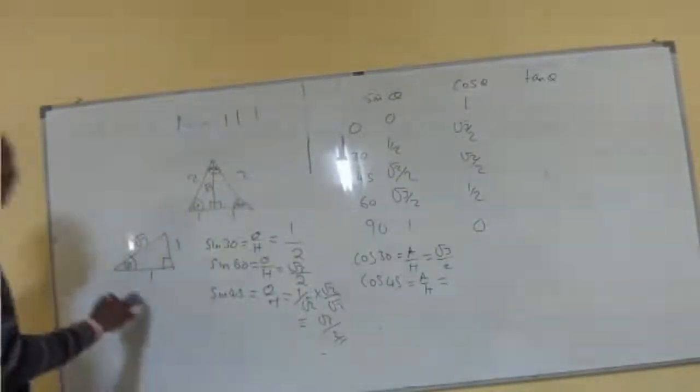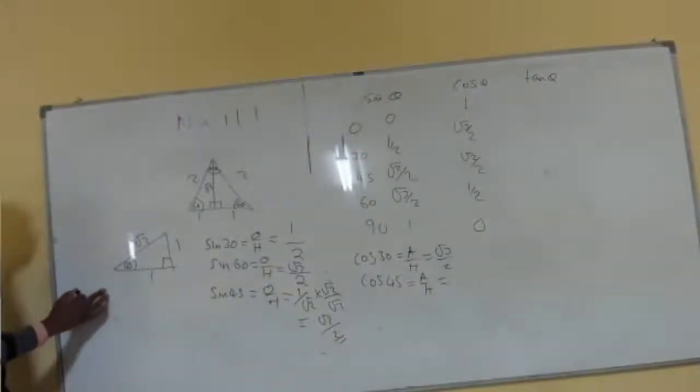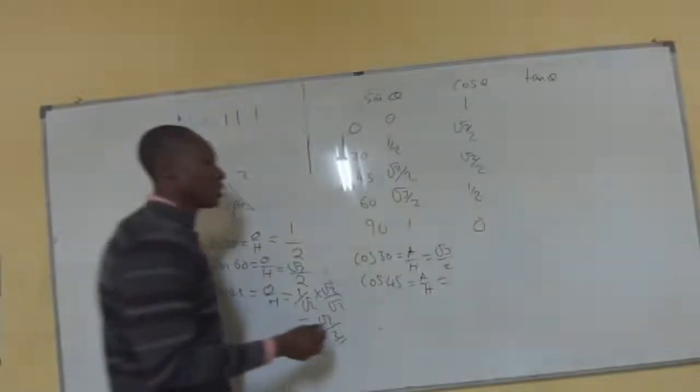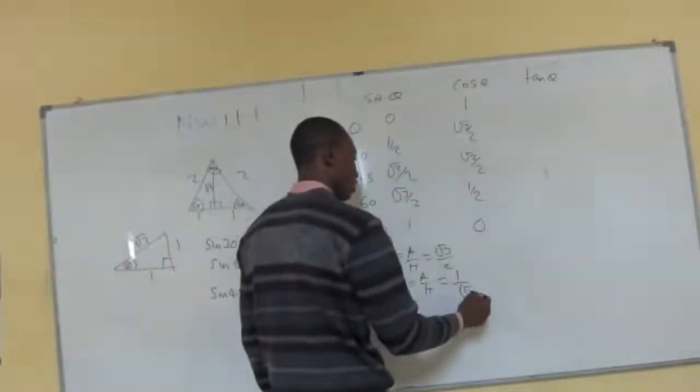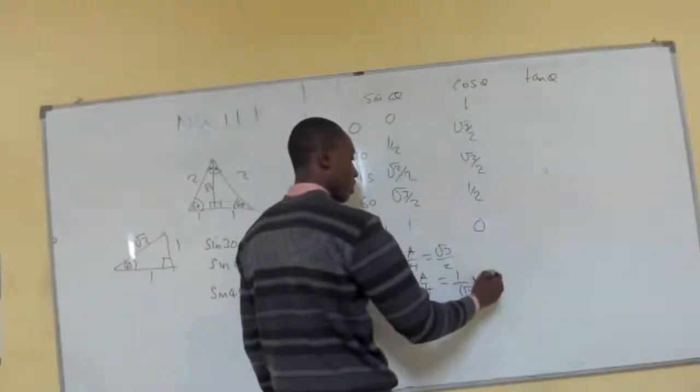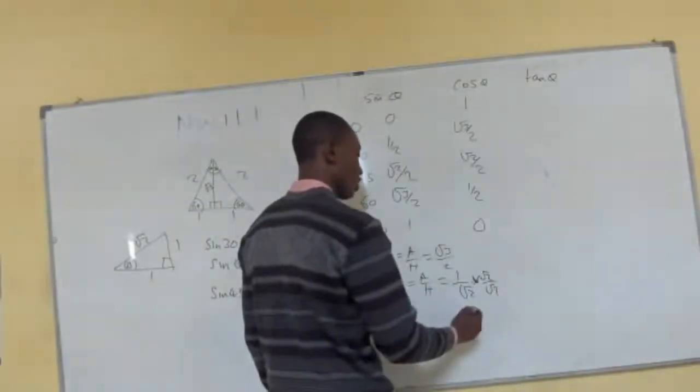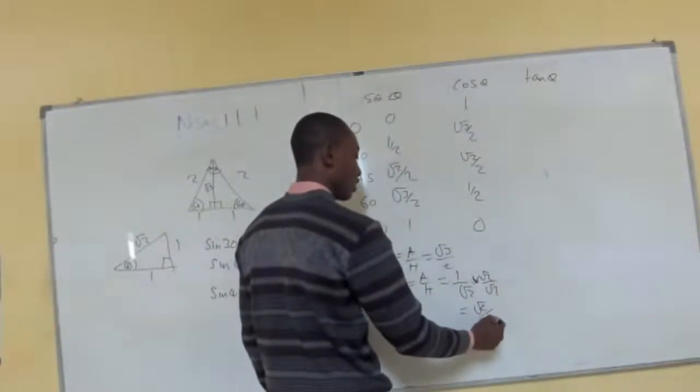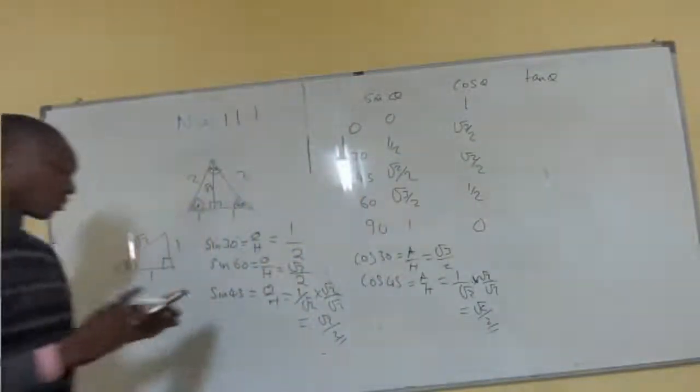Referring to this one here, the adjacent is 1 and the hypotenuse is root 2, so that's 1 over root 2, which ends up being root 2 over 2, multiplying by root 2 over root 2, once you rationalize that. That's how you go about such questions. Now, let's continue.